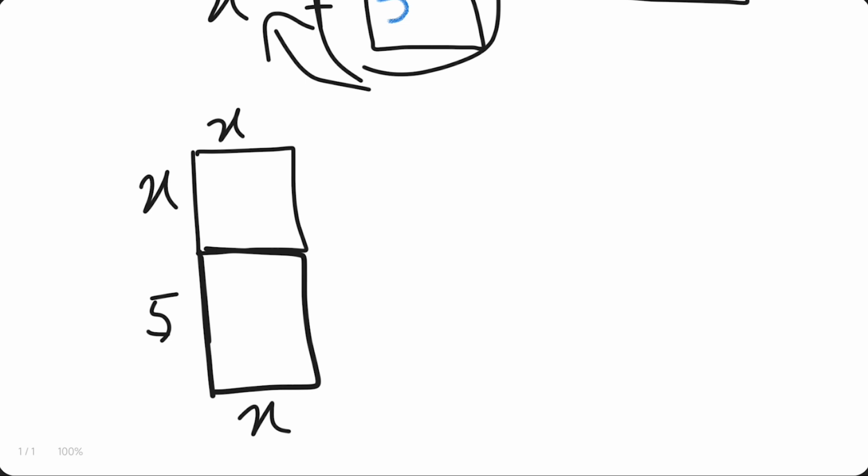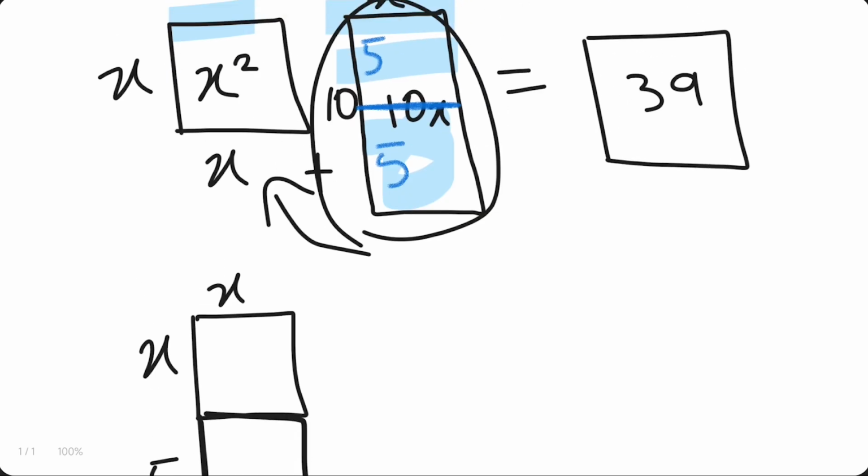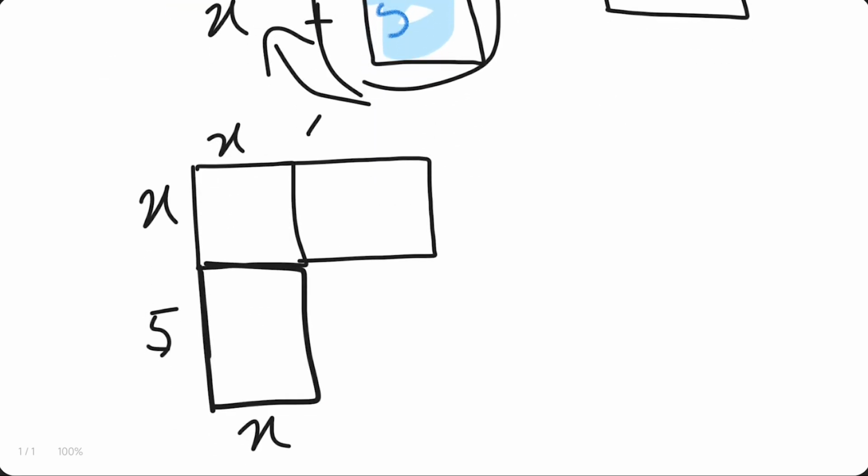Now let's take the other half of this side. We've taken this side over here, right? Now let's take this side, flip it and bring it around here. What that would look like is something like this: 5 centimeters here and x over here.